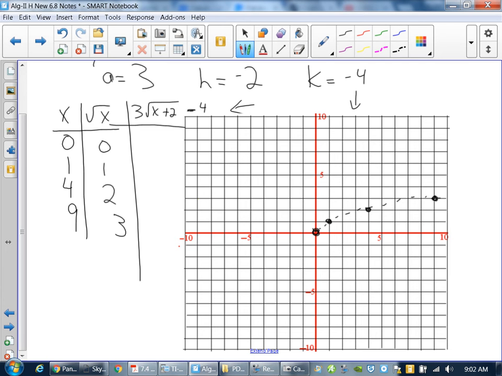Now, this is where things get a little interesting. What you're doing here is thinking about what you are doing to each of these values of x. I know that this one's going to have to move left 2. That's what it says to do. But is that going to help me with anything?